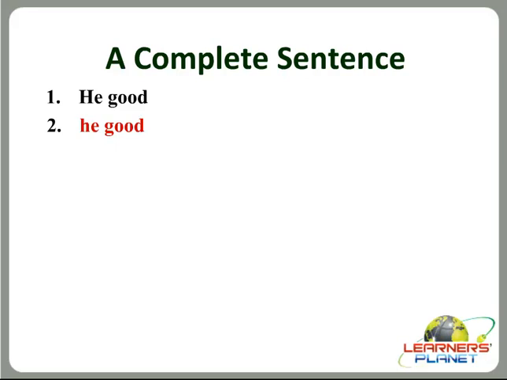I am putting a cross for you students to show you that the first one is not a sentence. The next one, he could. It does not start with a capital letter and has no full stop. Also, it does not make any sense. So, it is not a sentence.